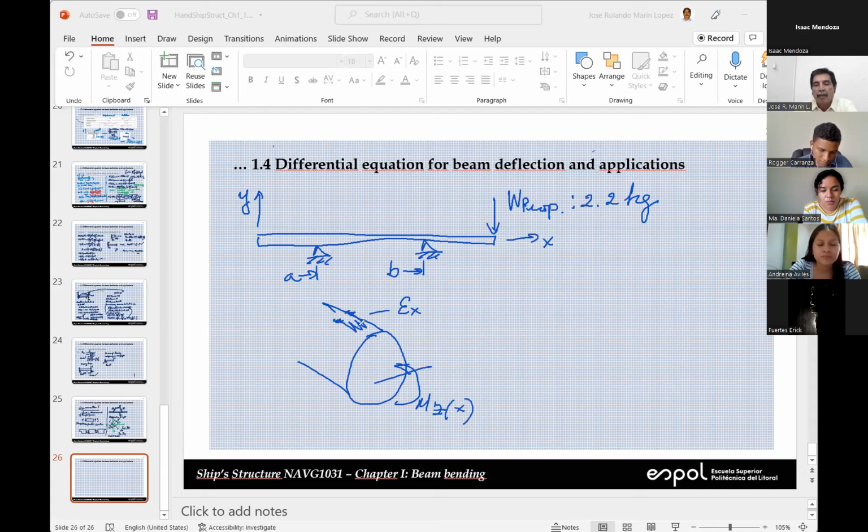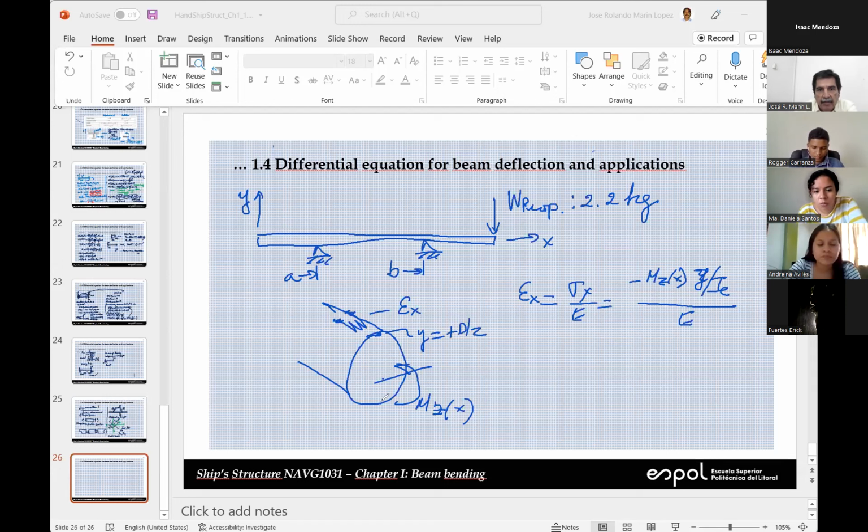Now, if this is in bending, epsilon x is equal to sigma x over E, and this is equal to minus the bending moment times Z times Y, over inertia divided by E. Now, if I analyze this point here, Y would be equal to plus D over 2. And if I analyze here, Y is going to be minus D over 2.